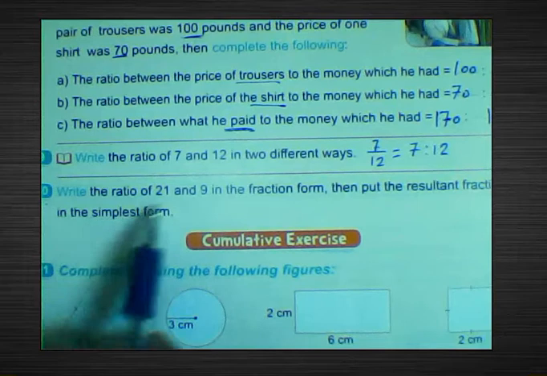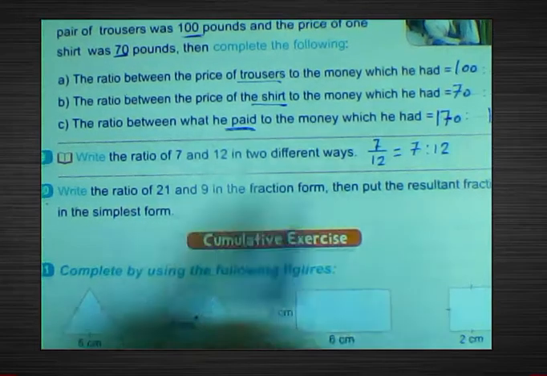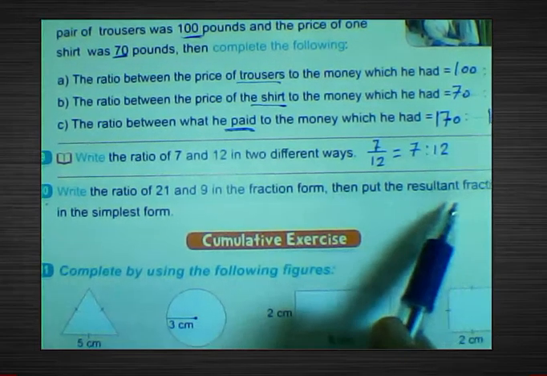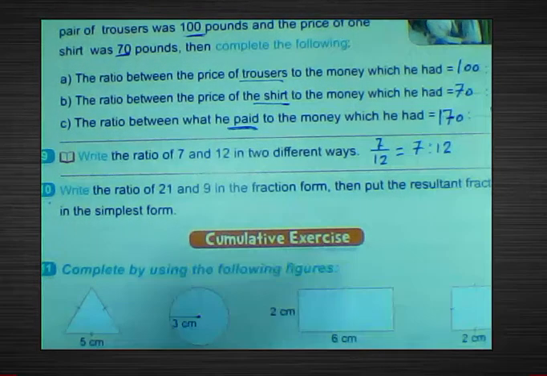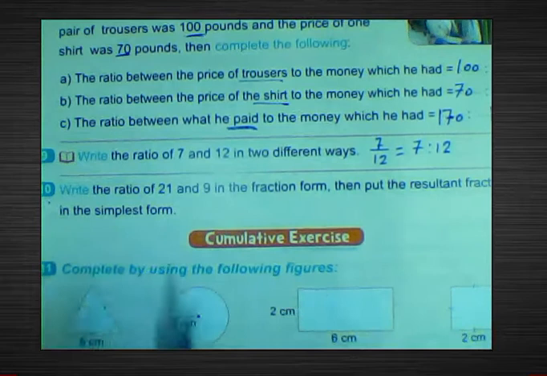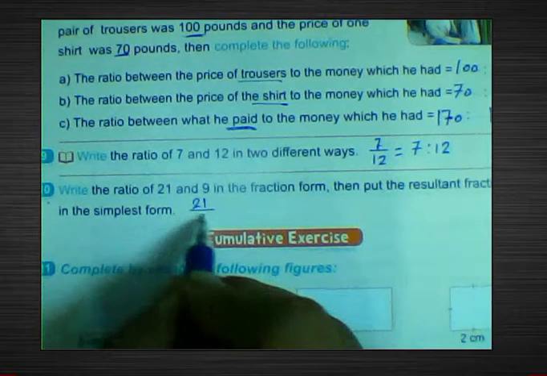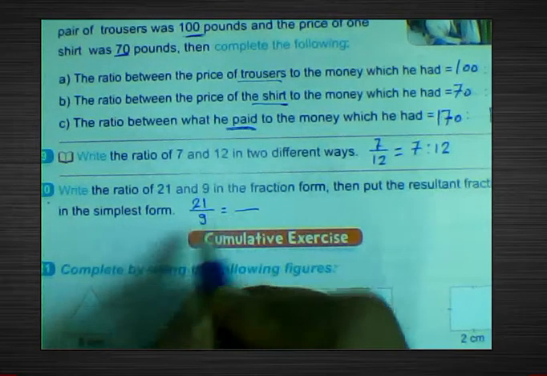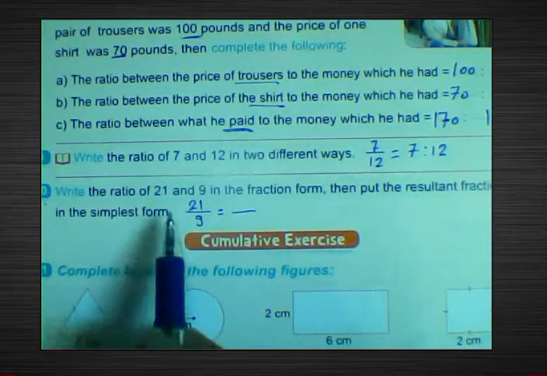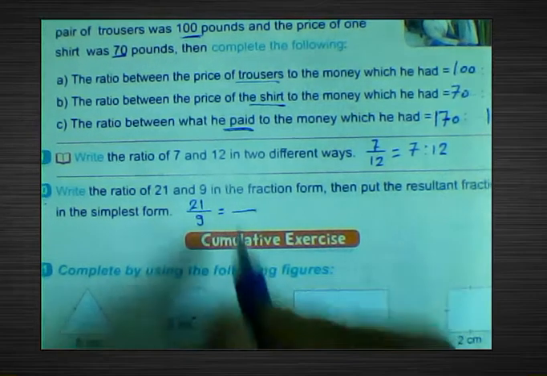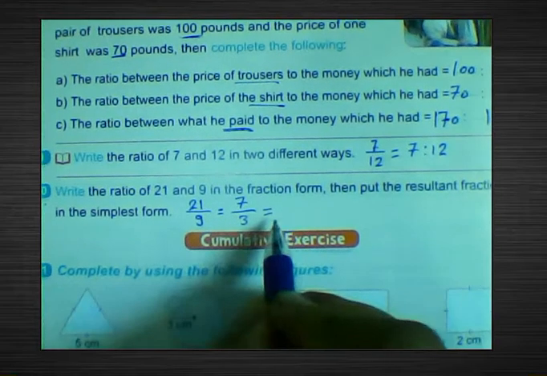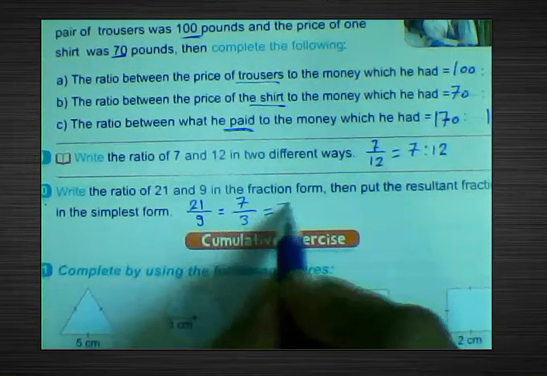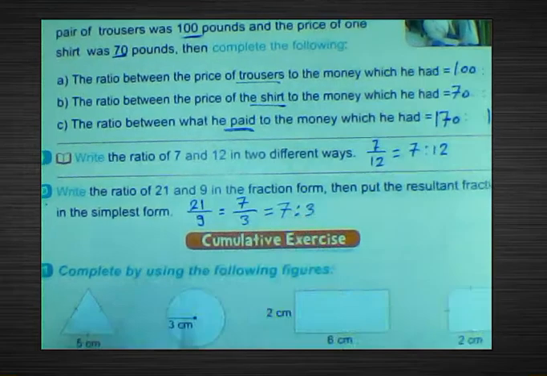Write the ratio of 21 and 9 in fraction form, then write the resulting fraction in the simplest form. We can divide numerator and denominator by 3. 21 divided by 3 equals 7, 9 divided by 3 equals 3, so in the other method we can write 7 to 3.